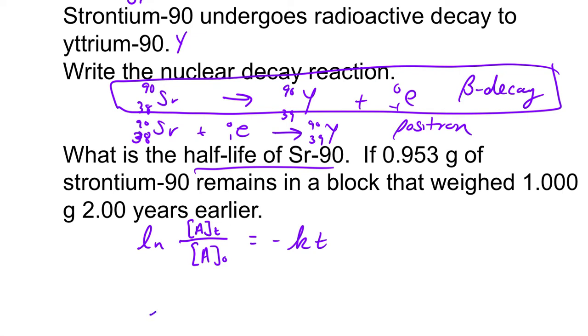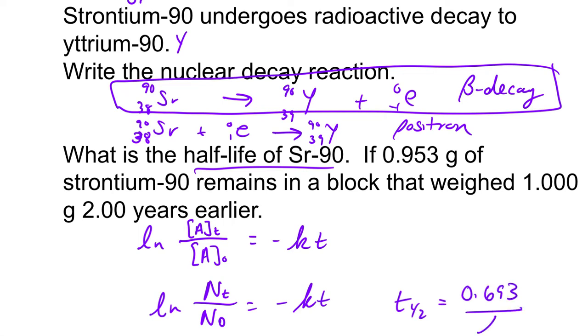In this chapter we change it just slightly. You'll see N sub t, the number of nuclei at time t, over the initial number of nuclei, N sub 0, equals minus k times t. You'll see this type of equation in this chapter. Half-life is the same for first order decay: t1/2 equals 0.693 over k.